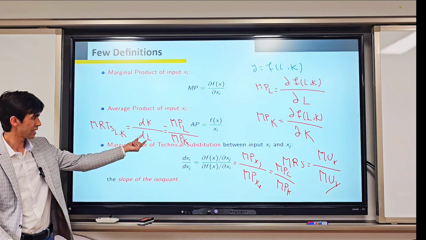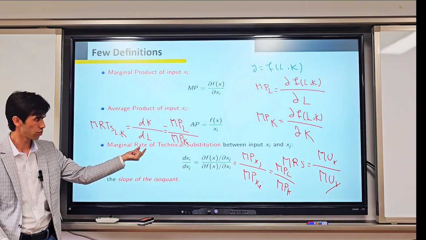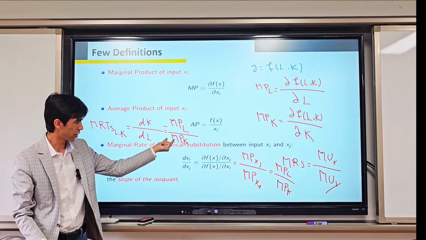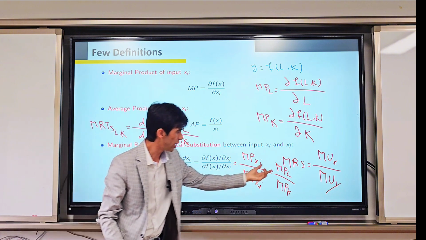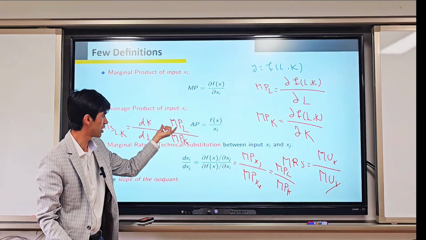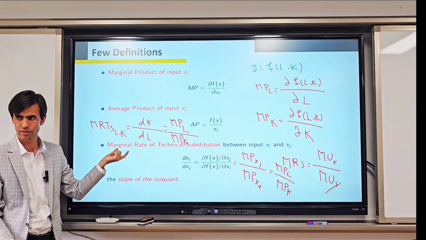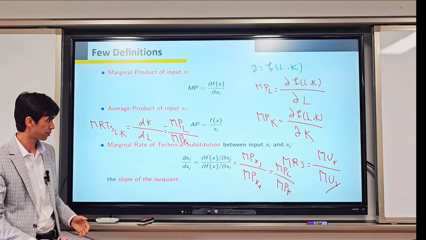Because when you increase labor, you should decrease capital. That's why it should have a negative sign. In this formula, only the marginal utility changed to the marginal product. The other things are exactly the same.